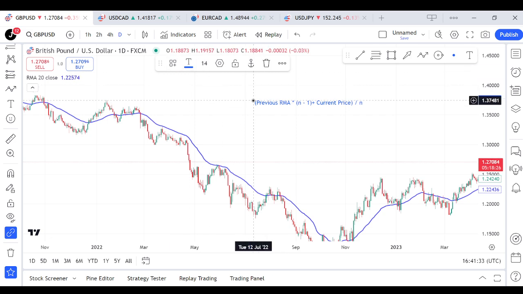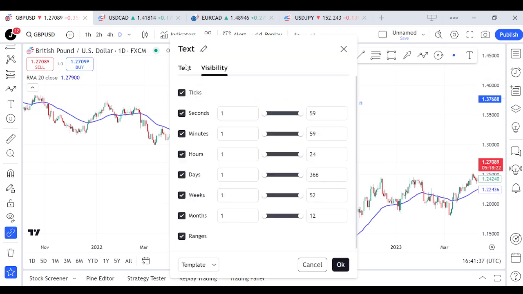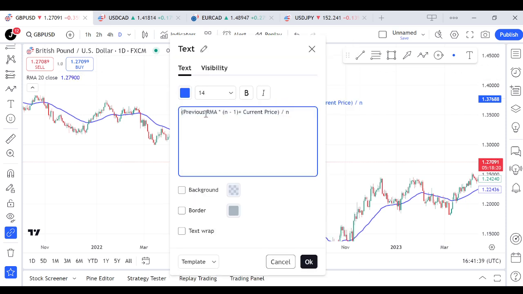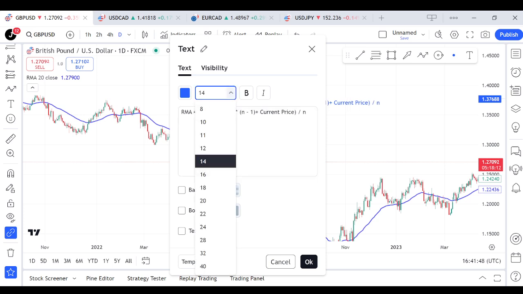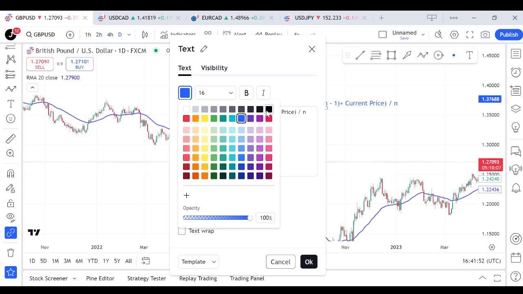So this is the formula. I'm just going to add something to it: RMA. I change it to black.